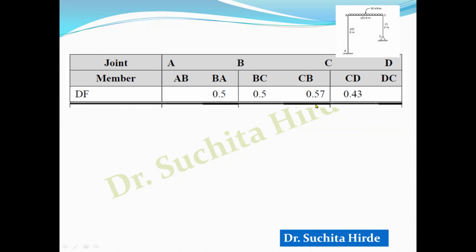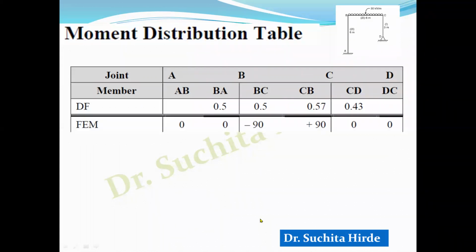So these are the distribution factors. Next, we have to write the fixed end moment. As you know, for members AB and CD, since there is no load, there will not be any fixed end moment. So fixed end moments are 0. And for member BC, fixed end moments are -90 and +90. Once you write the fixed end moment, then you have to carry out the moment distribution.